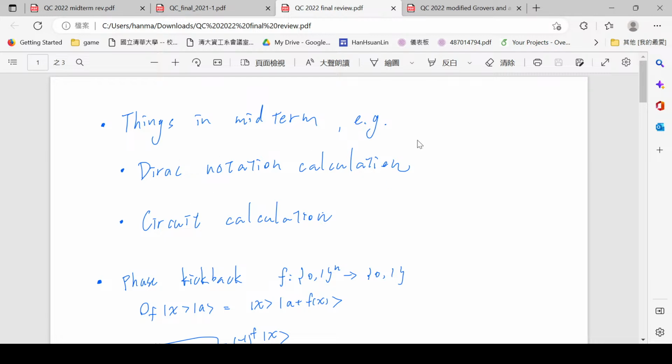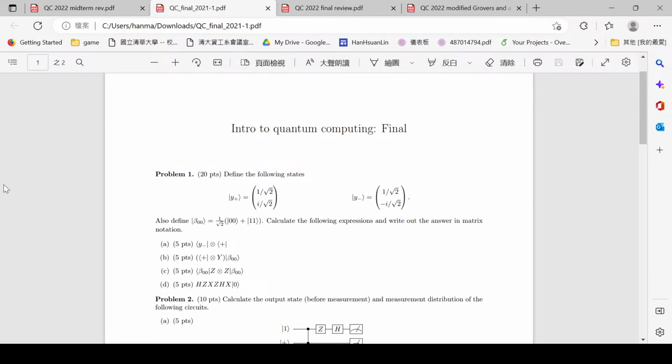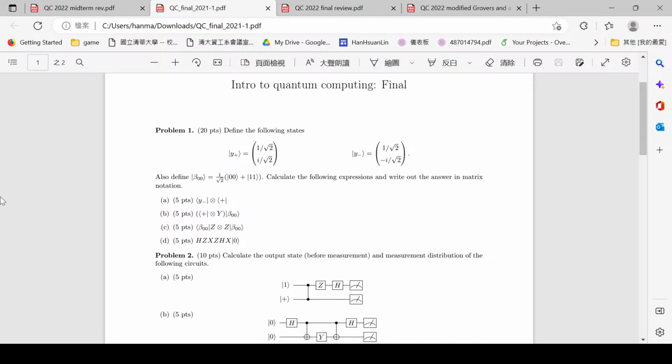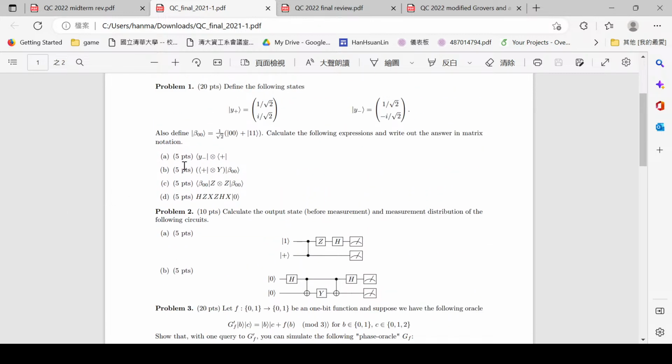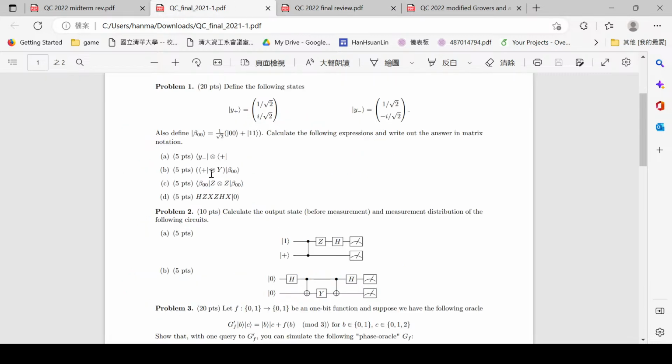So you will still be checked on the Dirac notation calculation, as you will see in this 2021 final that will get posted later today. So we still have some of those questions to make sure you still remember how the Dirac notation works. And also we will have the circuit calculation, something like this, which you also saw in the midterm.